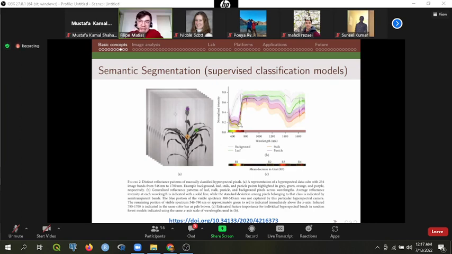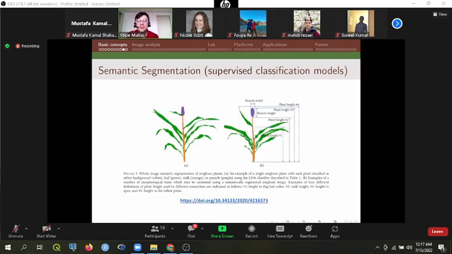When they made the same plot, with wavelength on the x-axis and reflectance on the y-axis, we can see that different morphological parts in the plant also reflect differently. We can use those differences in the profile in machine learning models to classify each morphological region, and with these algorithms or other software, get information.